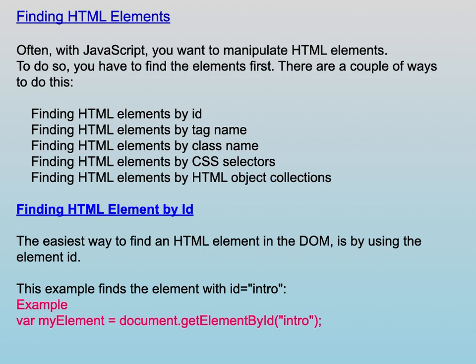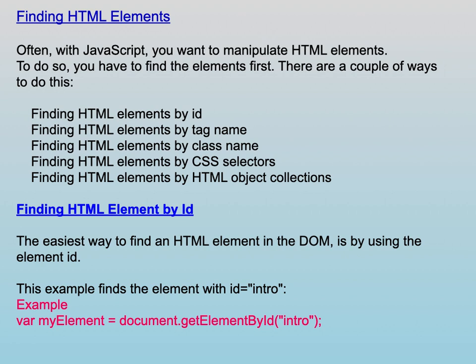To do so, you have to find the elements first. There are a couple of ways to do this: finding HTML elements by ID, by tag name, by class name. Two more things are there: finding HTML elements by CSS selectors and by HTML object collections.